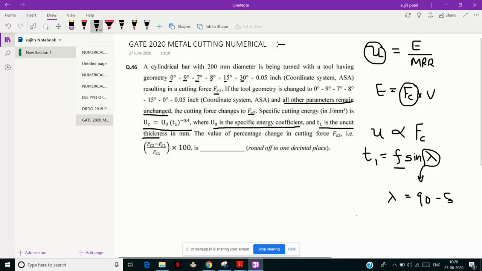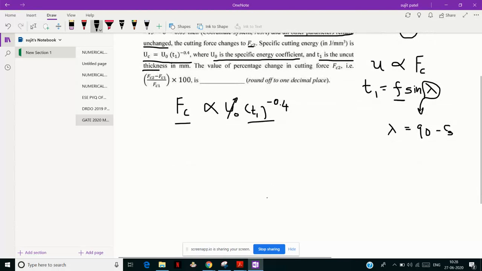So we can ultimately say that cutting force FC is proportional to u0 t1 raised to minus 0.4. And this is the specific energy coefficient, so this will also remain constant.